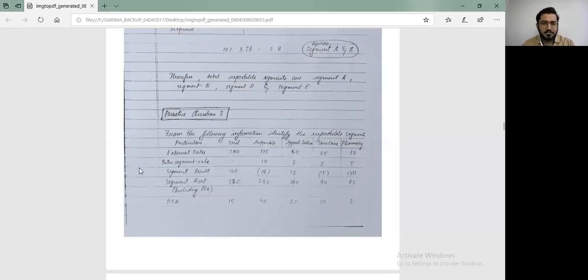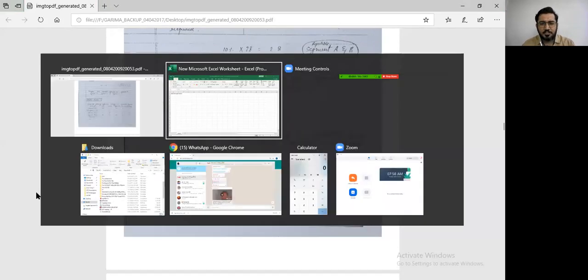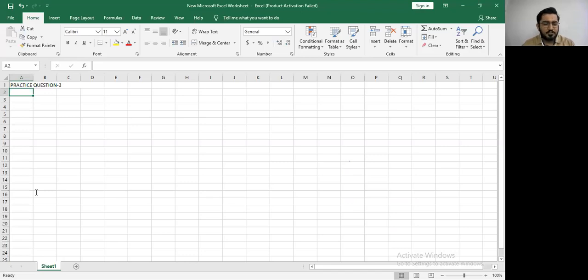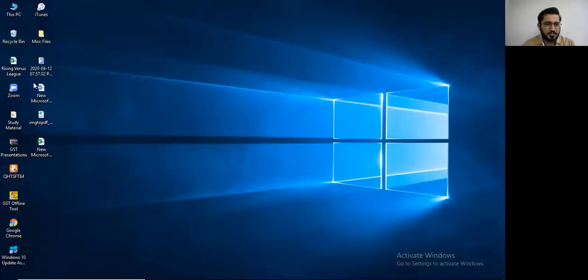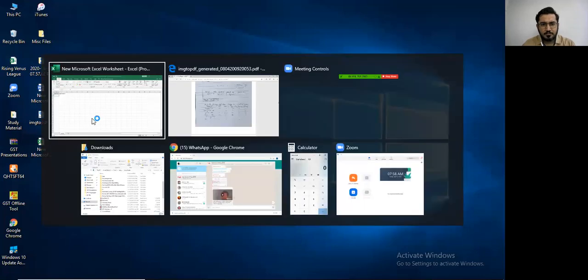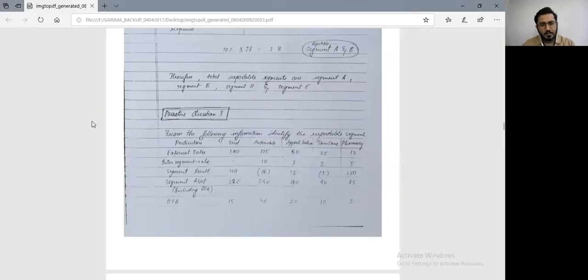Mark practice question 3, important last day revision question. Okay, let's go to practice question 3 if you're clear with everything.